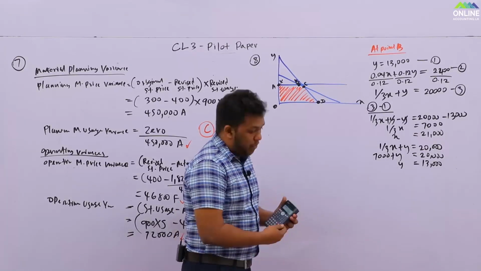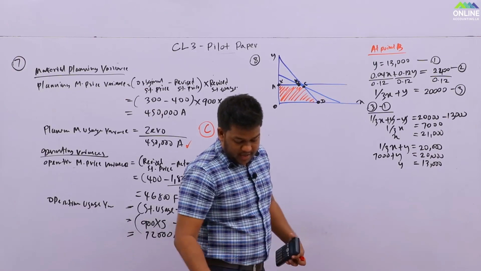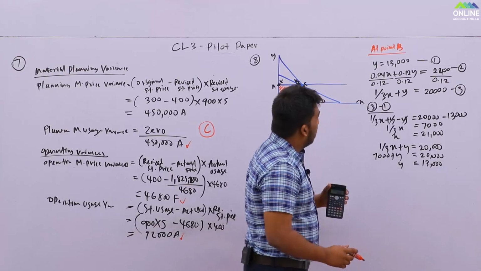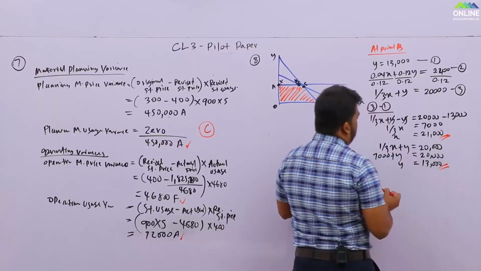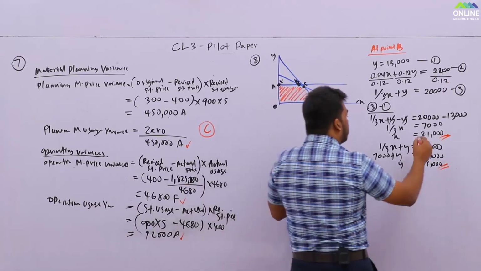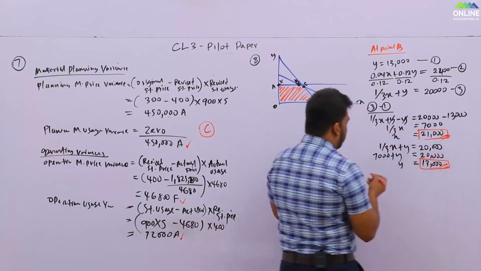So at point B, the number of units will be 21,000 and 13,000.